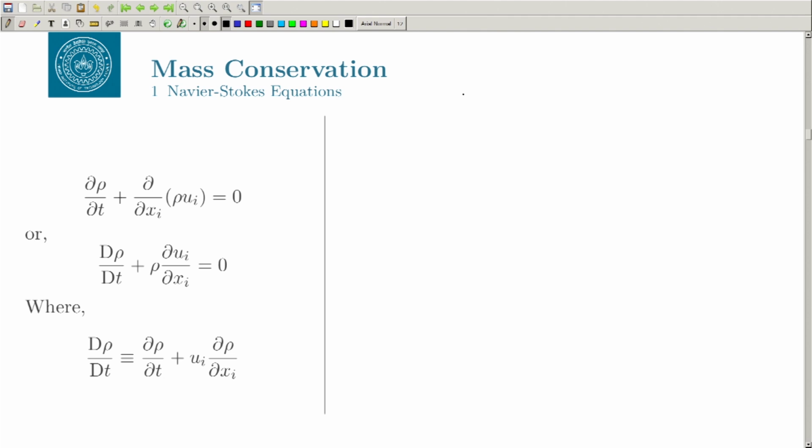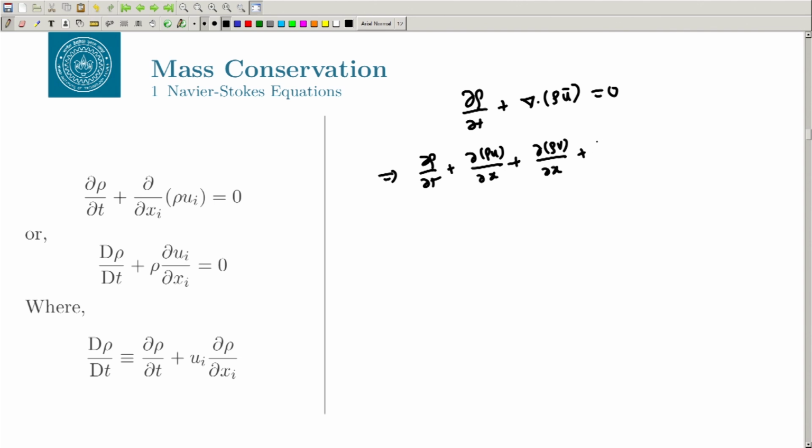So, this is what we derived: del rho by dt plus del dot rho u is equal to 0. Remember, u is a vector. If you expand it, this will be d rho by dt plus del rho u by del x, and if I am doing it for 3D, del rho v by del y, and del rho w by del z.